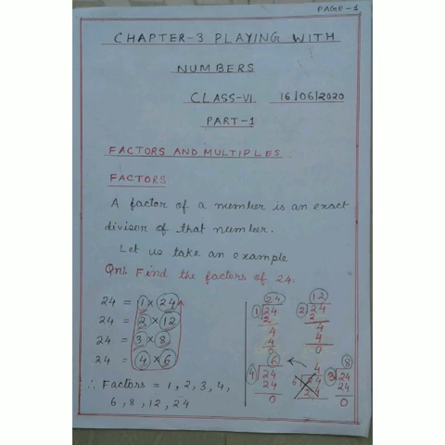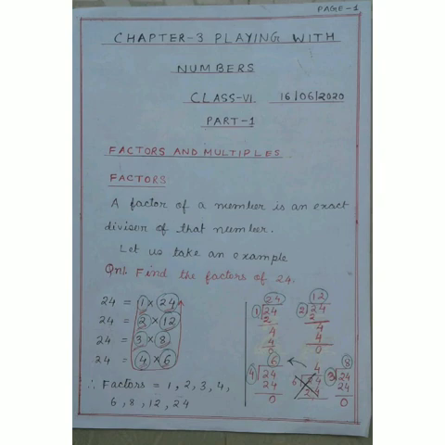If I divide 24 by 1, I get 24. I have done the calculation, you check it. If I divide 24 by 2, I get 12. If I divide 24 by 3, I get 8 and the remainder is 0. Again, if I divide 24 by 4, I get 6.